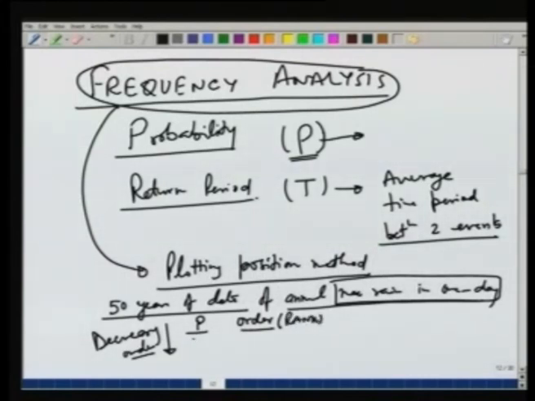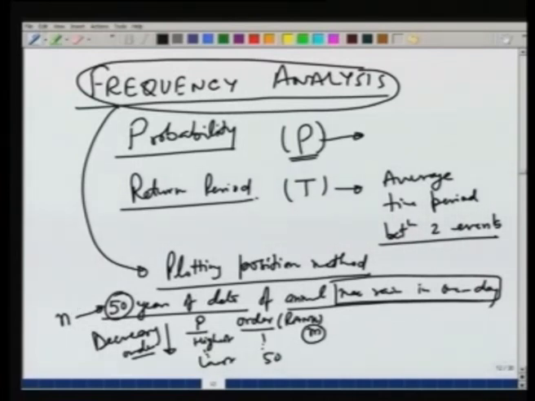So, the highest value will be ranked 1, and suppose we have 50 years of data, then the lowest will be ranked 50. This rank is denoted by m, and the number of record years, 50, would be n.